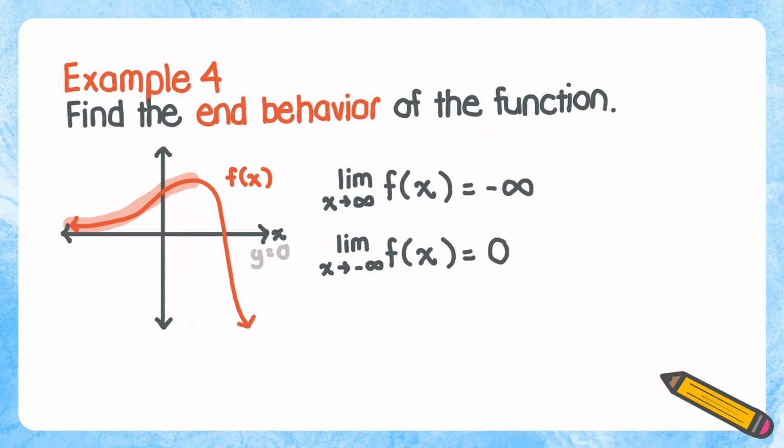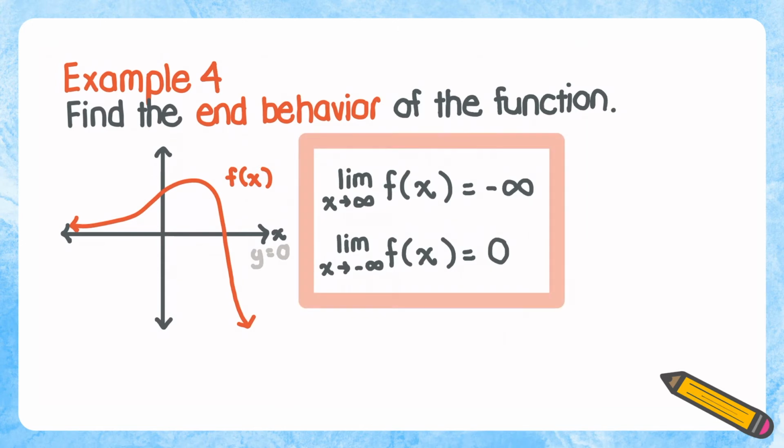So the limit as we go to the far left is 0. We never actually touch 0, but we're getting really close to it. So in this problem, as we move to the far right, we were going in the direction of negative infinity, but as we move to the far left, we were approaching an actual number, 0.